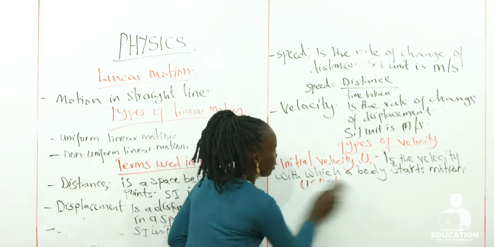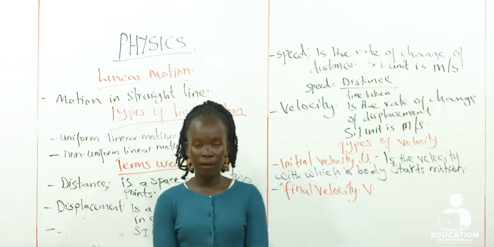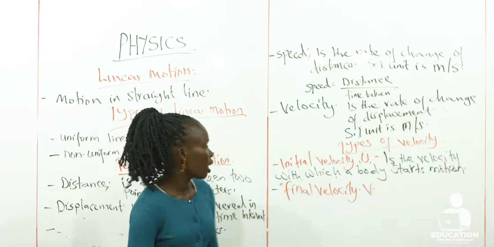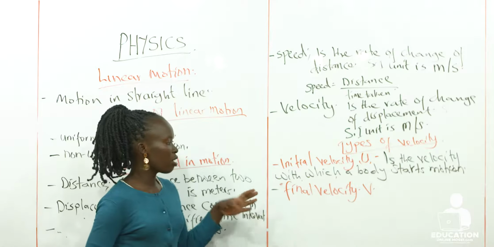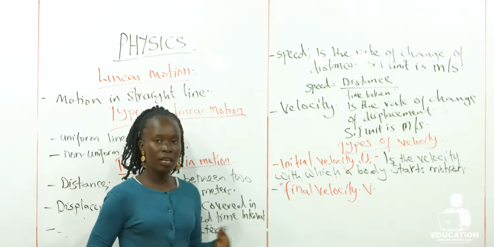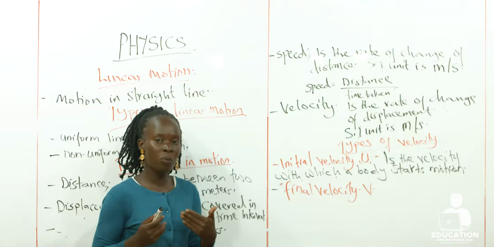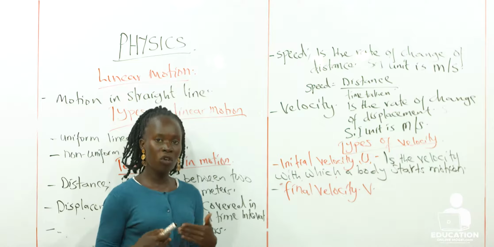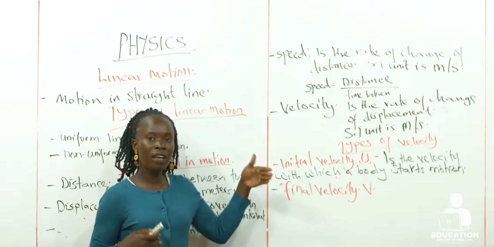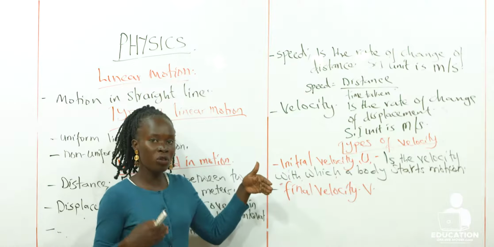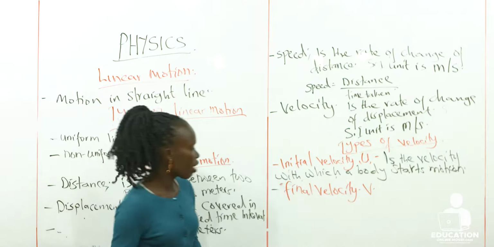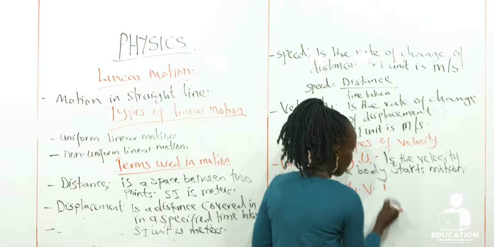We say that the final velocity is the velocity with which a body ends motion for a given time. If you're moving this car, the motion has to end at a specific time, and you're stopping your car. The velocity with which you're stopping the car becomes your final velocity.